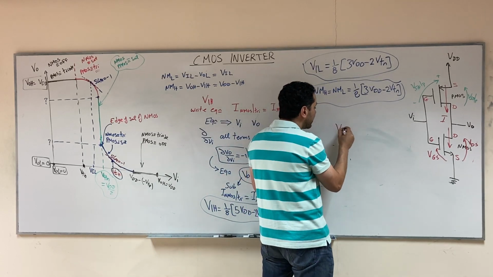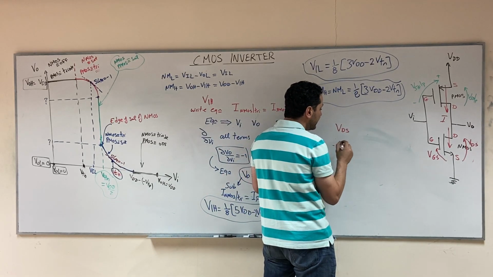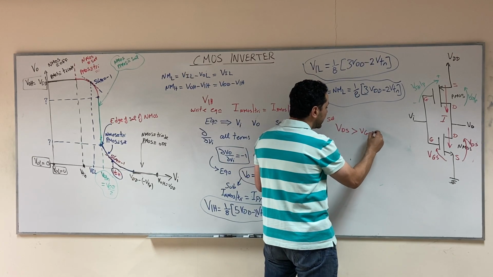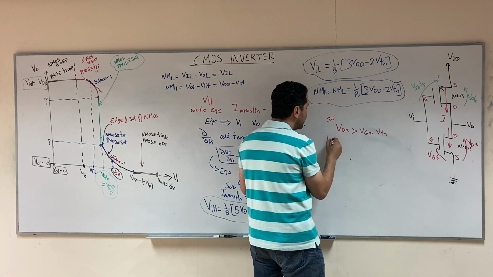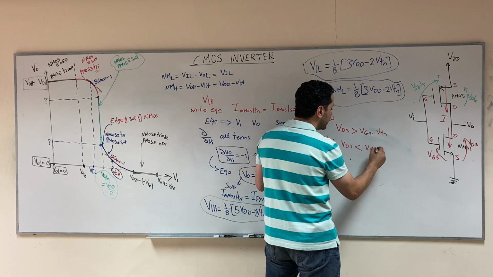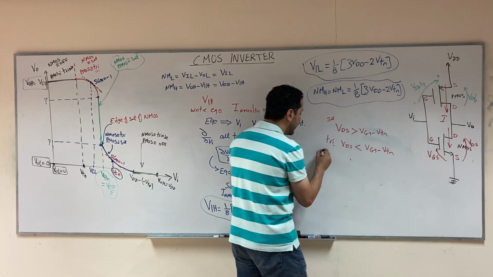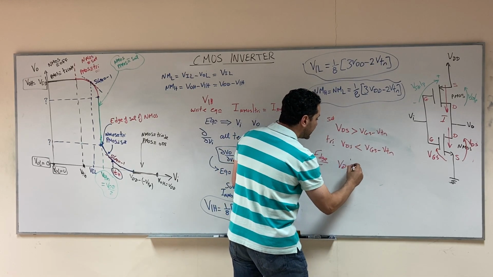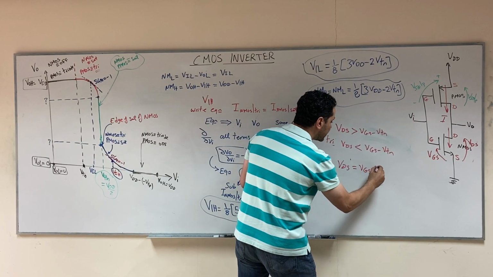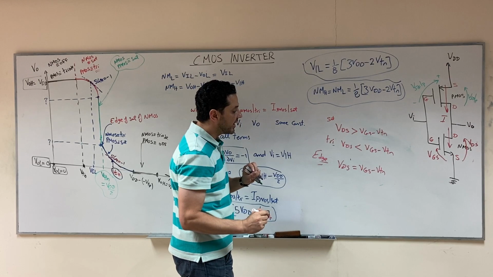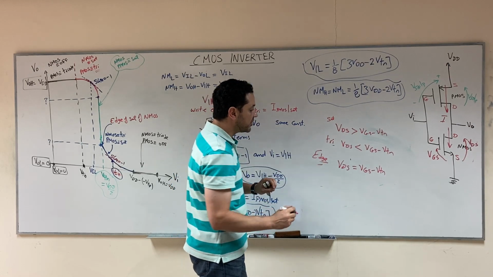We know that the condition for saturation is VDS must be greater than VGS minus V threshold. For triode, VDS is less than VGS minus V threshold. At the edge, it is exactly equal. VDS equals VGS minus V threshold, right? So at the edge of saturation of the NMOS, VDS will be equal to VGS minus V threshold.